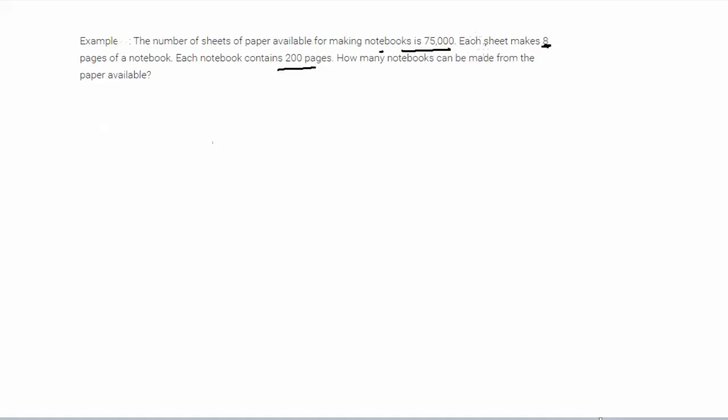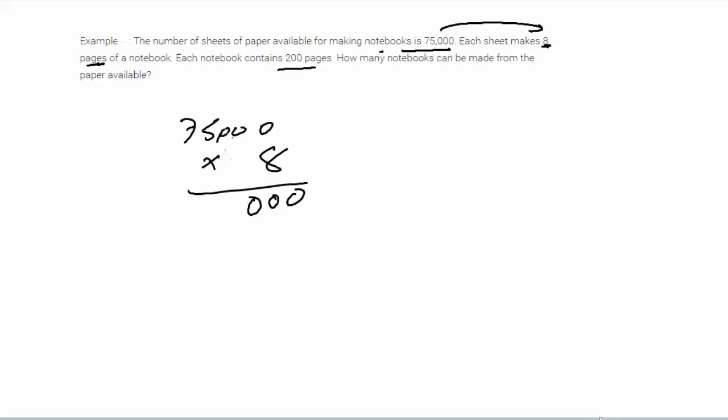So let's start solving this. You see there are 75,000 sheets available and each sheet makes 8 pages of a notebook. So now you have to find how many pages can be made out of the 75,000 sheets. So how do you do this? You have to multiply 75,000 with 8 to get the total number of pages. That is 75,000 into 8, and you have to do your general multiplication for this.